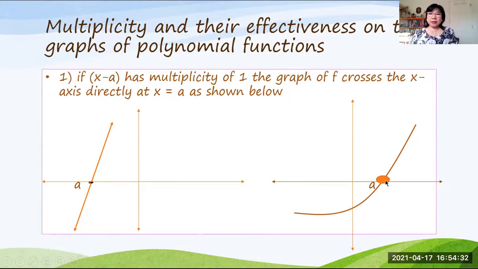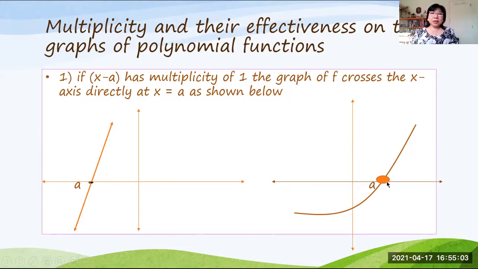If you look at the right side of the graph, there is a curve here, so this is no longer linear. However, it also crosses the x-axis at 1 point, the orange point here, and again we name this point a. So a here can be 1 or 2 or 3, whatever number we assign when we scale the x-axis.